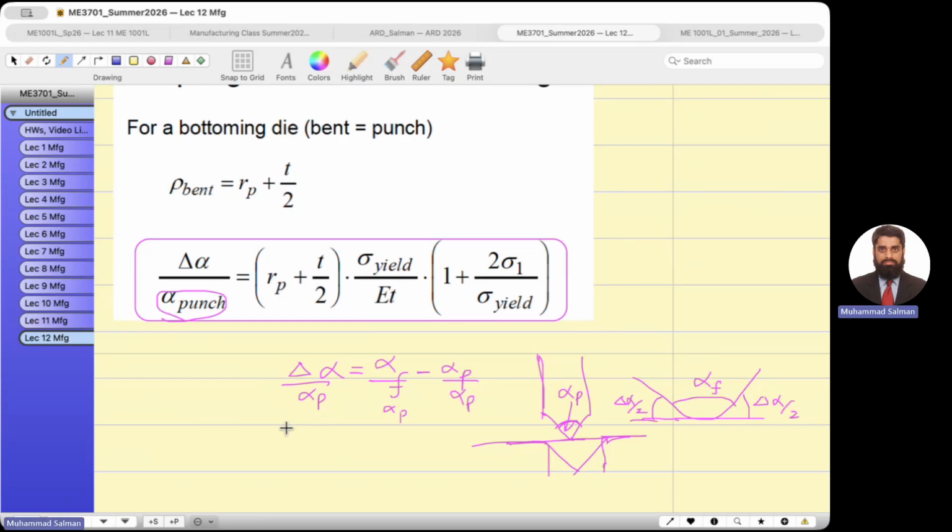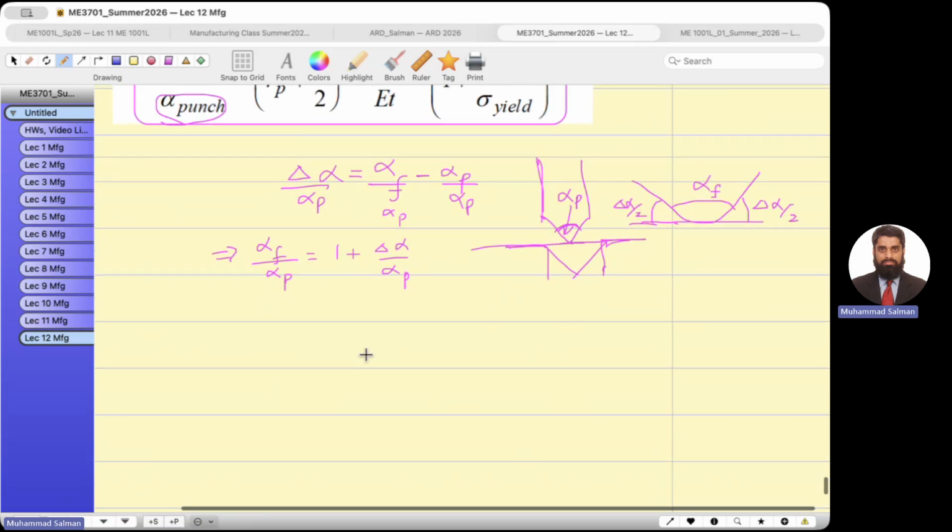So I can write down here that is equal to alpha final. This is just math, algebra.